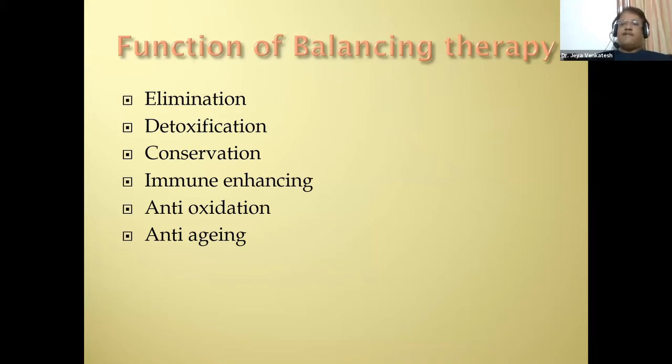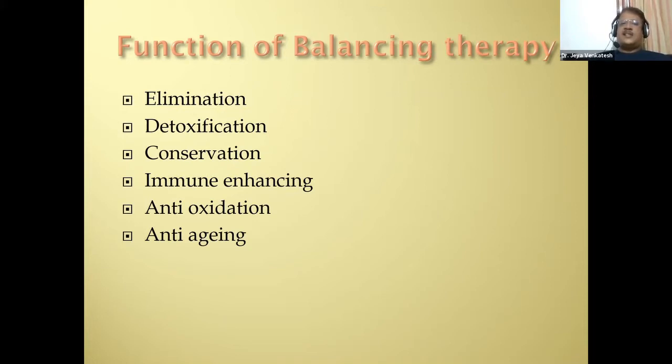For example, purgation, emesis, sweating. These are some elimination methods to remove Vadam, Pittam, and Kabam. And detoxification methods. We are giving some blood purifiers, antidotes, some internal medicine or external medicine to detoxify the toxins.